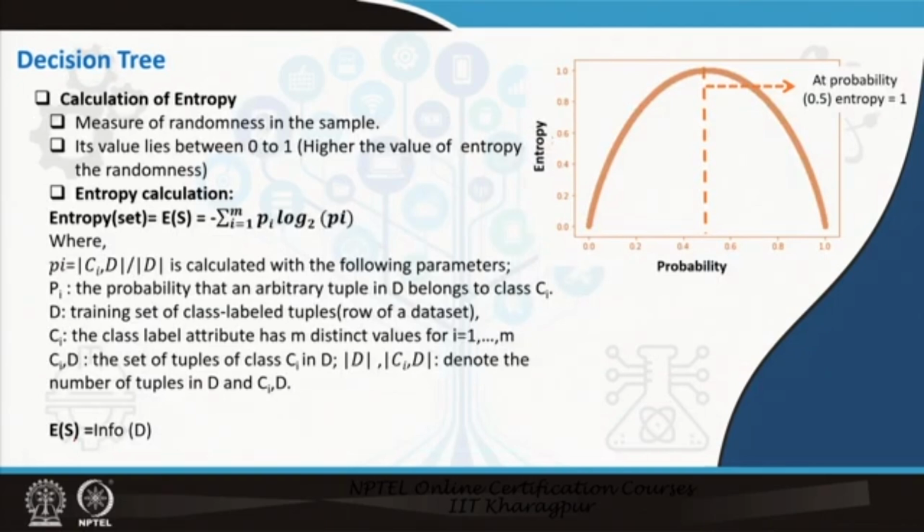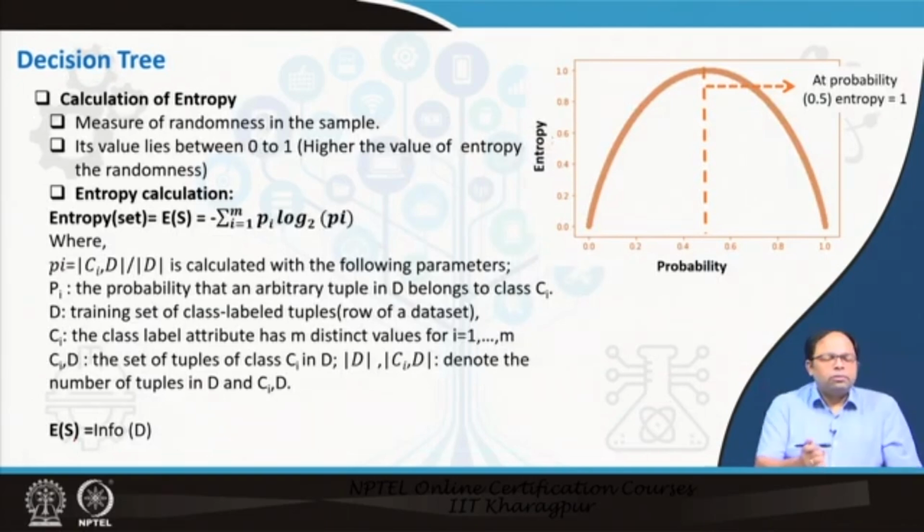So, when we are developing a decision tree, we first have to decide what should be the decision point from where we should start. For that we have to calculate the entropy. Entropy is basically, when we split the data using any decision point, at a decision node or at the root node, what is the amount of randomness in the sample after the split.